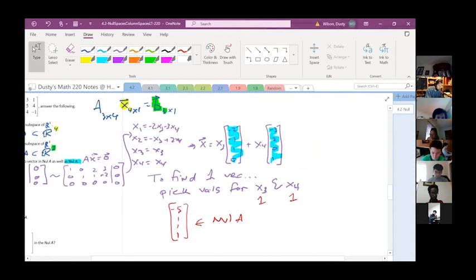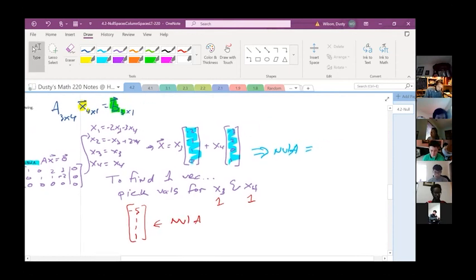and say that the null space of A is equal to, can I just list off the two vectors? Is that right?